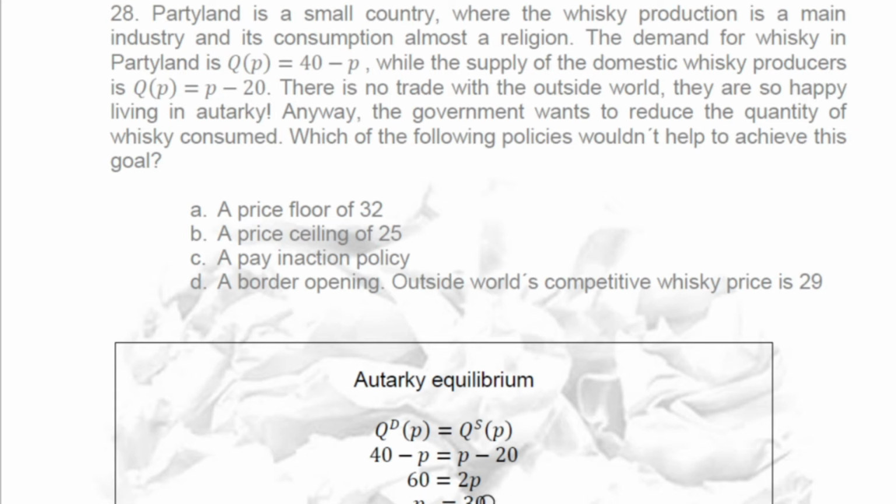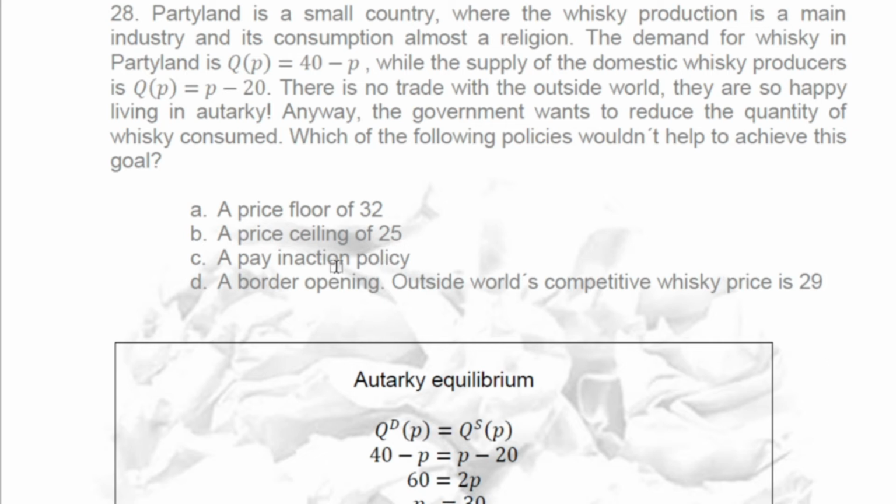And there will be an excess supply from whiskey producers, for sure. If B happens, a price ceiling of 25, the producers will not want to produce as much whiskey, even though consumers will demand more. So there will be an excess of demand, and less whiskey will be consumed than before.